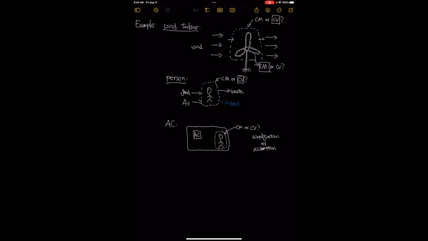So in that case, we prefer control mass, because we don't care about the mass that comes in and out. We only care about the energy flows in and out, right? So we can cool down the human. All right? So in that case, it's control mass.